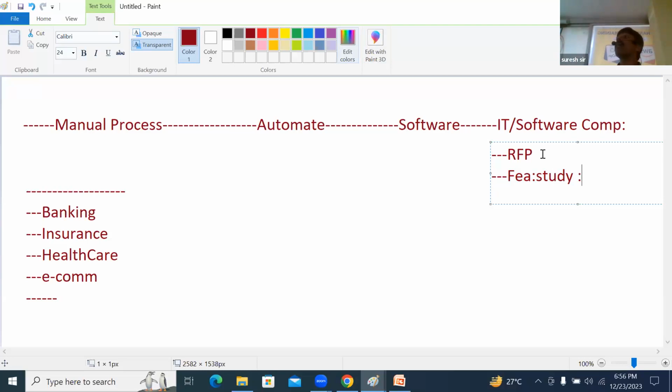Once they complete the feasibility study, they'll come up with the list: yes, these are the possibilities, 80% possibility, 90% possibility.